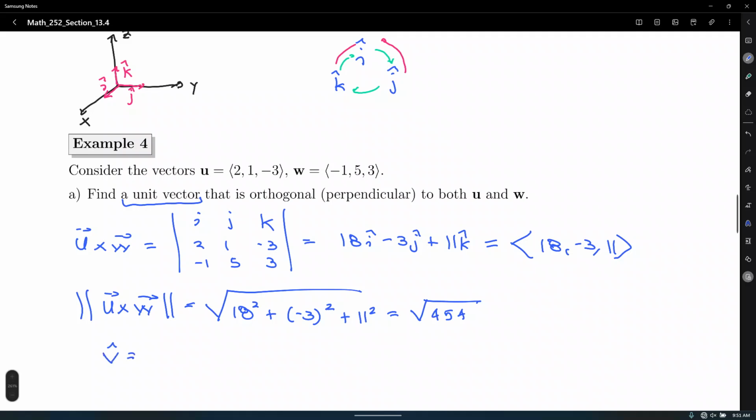All right. So now, to obtain a unit vector, call it V with a hat to denote that this is a unit vector, this will be 18, negative 3, 11 over the square root of 454.